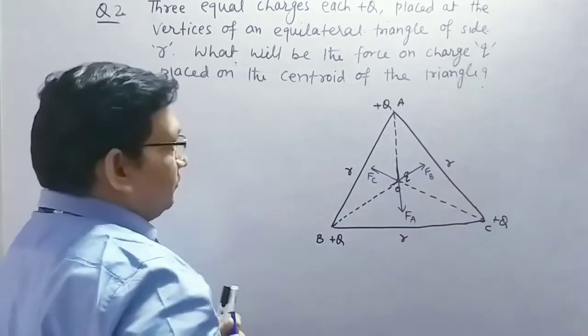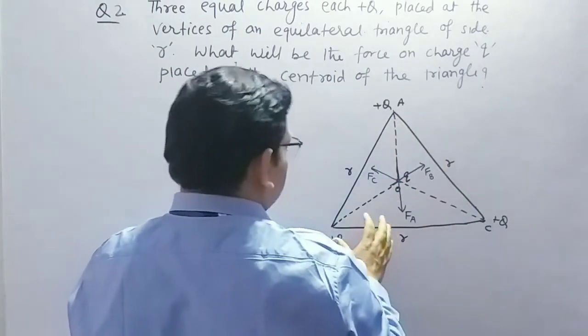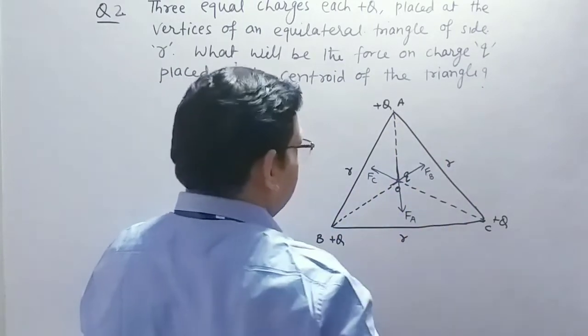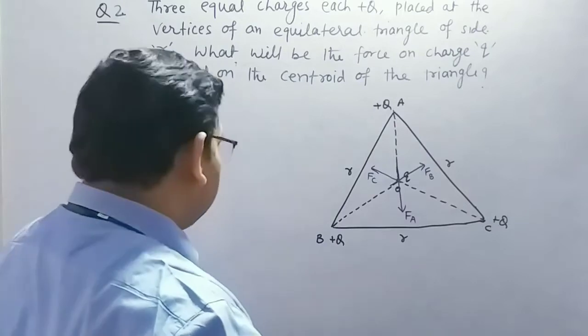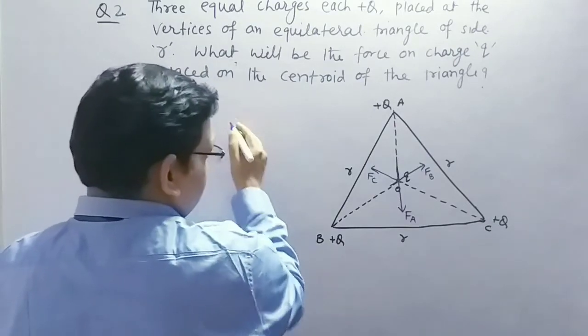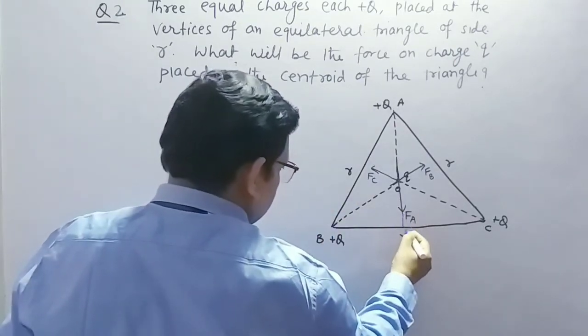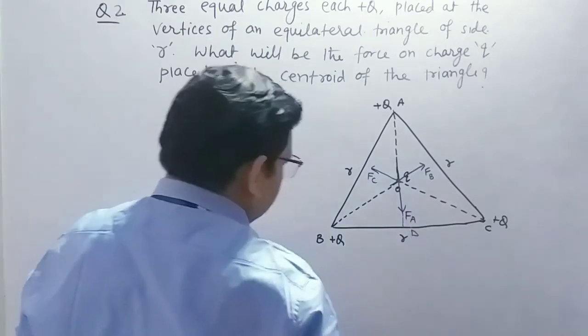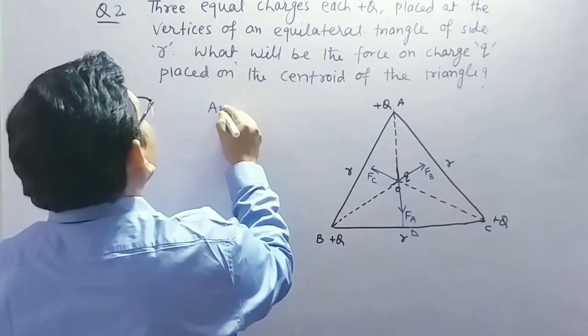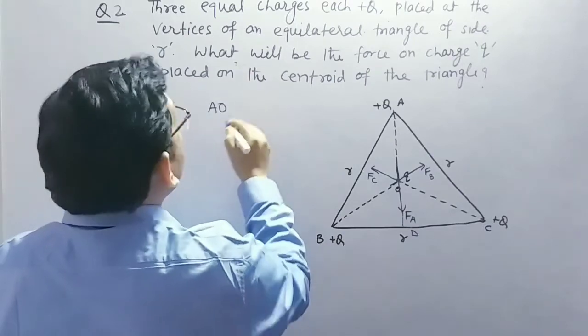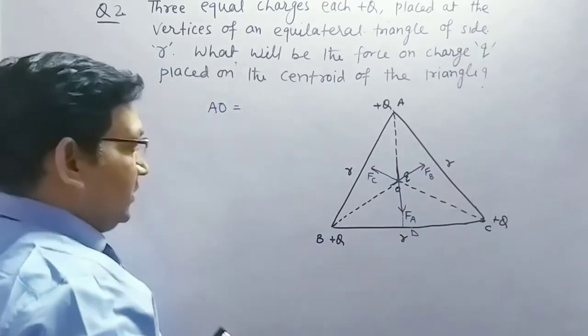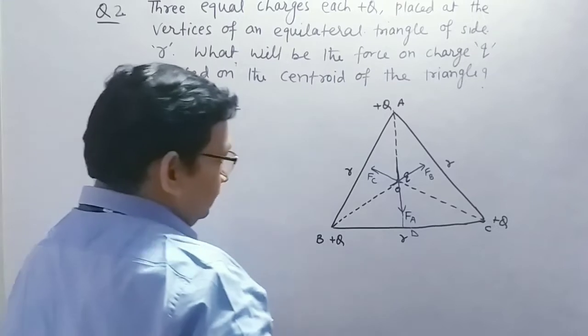Now first calculate these distances AO, OB and OC. So first calculate the distance, or rather one can take here ABCD. So AO can be written as 2/3 of the length AD.